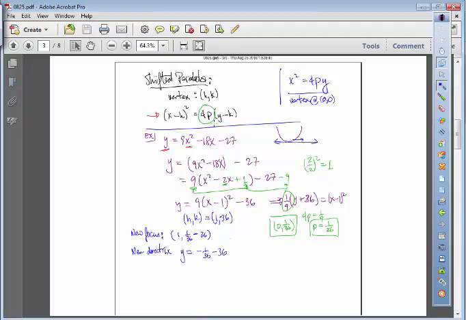We do the H and K. So let's see if we could take this. This is the one opening upward.